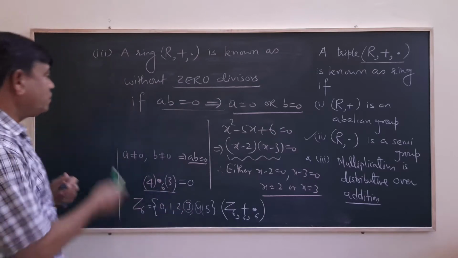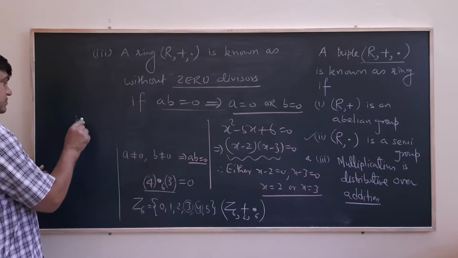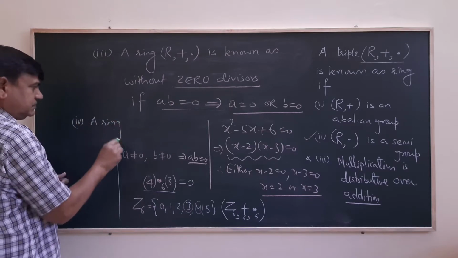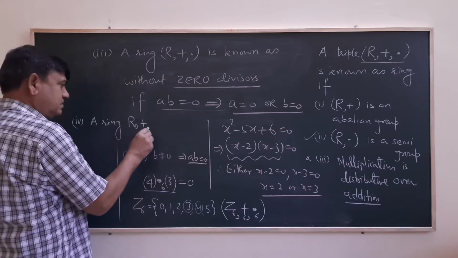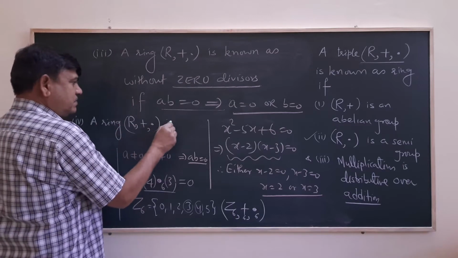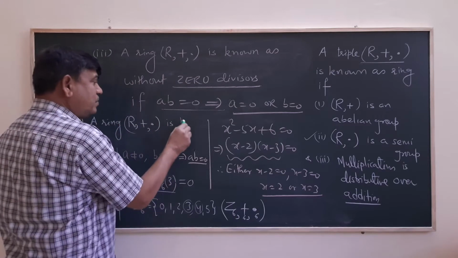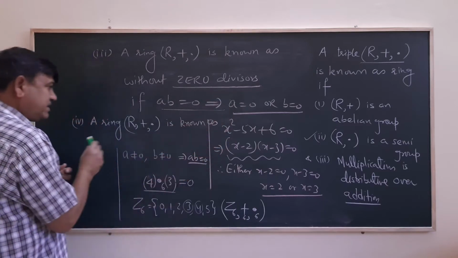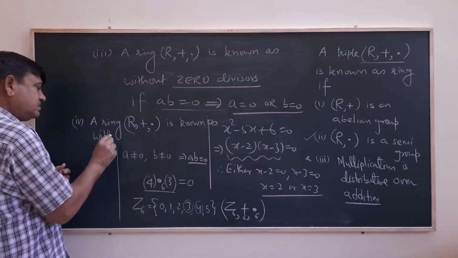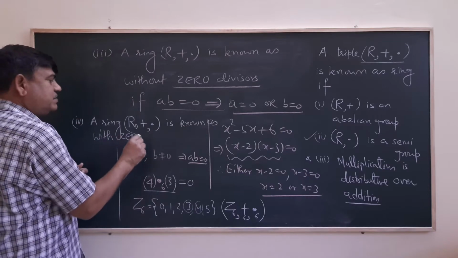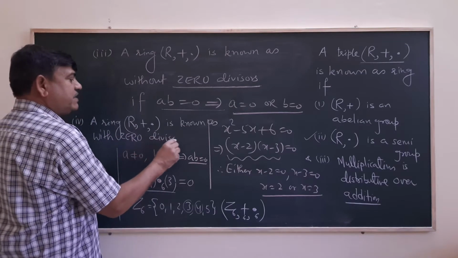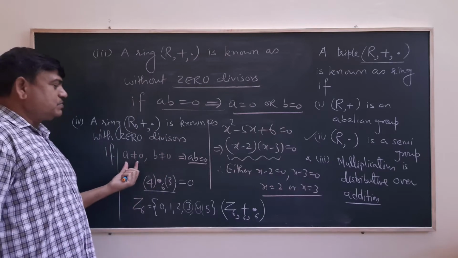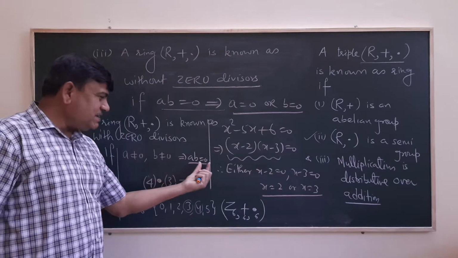Okay, so fourth I write: a ring is known as with 0 divisors if A is not equal to 0, B is not equal to 0, implies AB equals to 0.